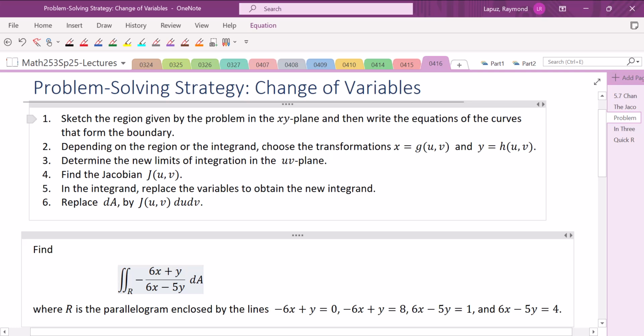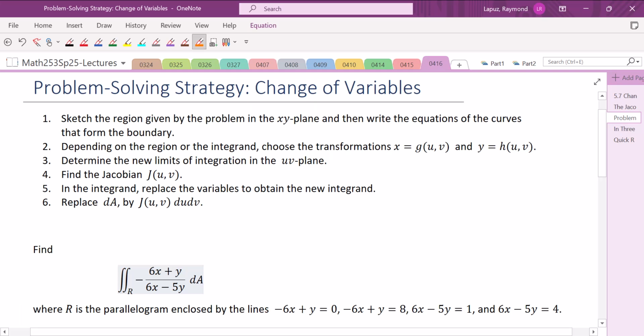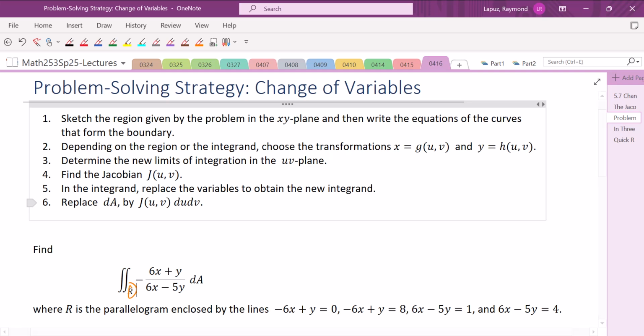So the strategy is that when you're integrating something, they ask you to figure out the domain that you're integrating over. And so what you want to do is sketch that on the xy plane. And then you want to write the equations of these, they call it curves, but in most of the problems that you'll run into in this section, they're all just going to be lines because that'll just be easier.